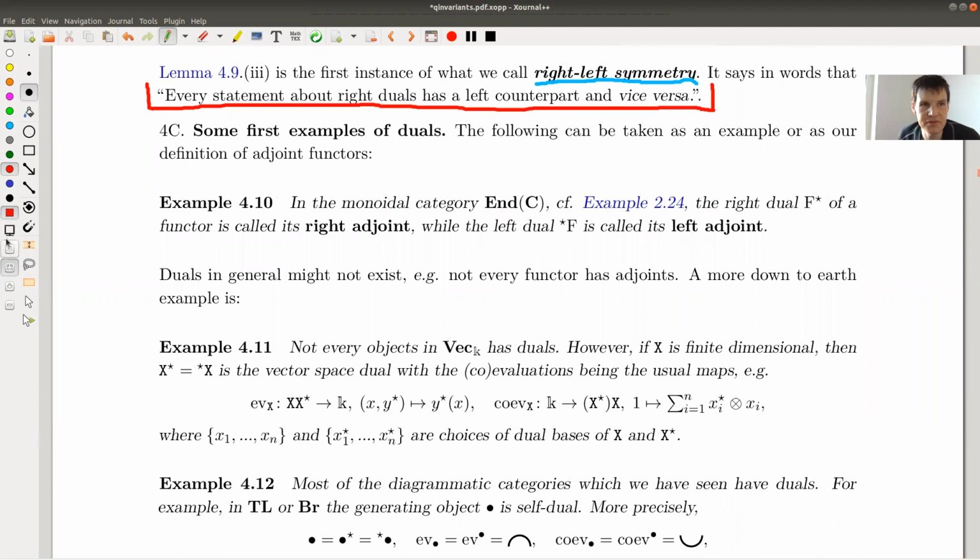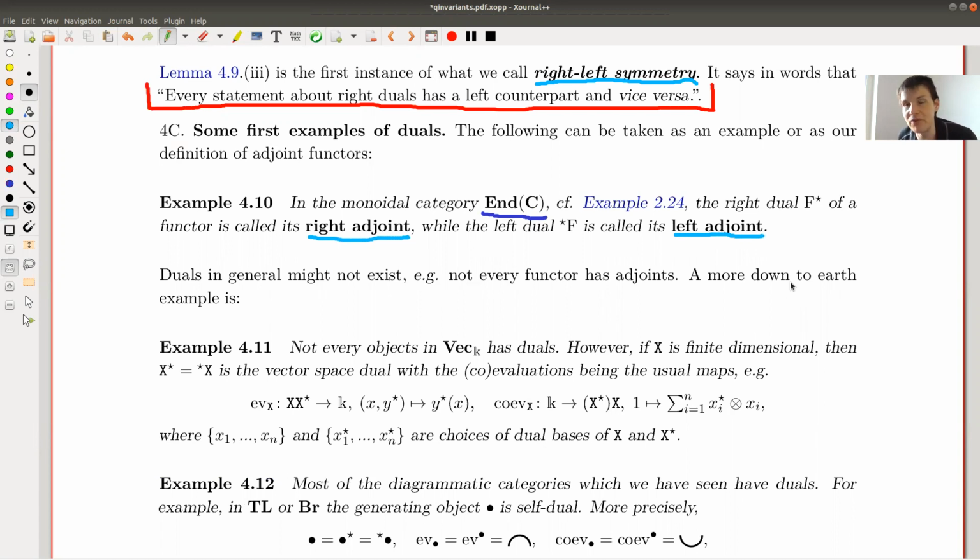So the first example of duals. Okay, the first example is a bit of a fancy example. The second one is actually better. But anyway, let's do it. In the monoidal category of endofunctors of a category, remember, left duals and right duals correspond exactly to right adjoint and left adjoint functors.